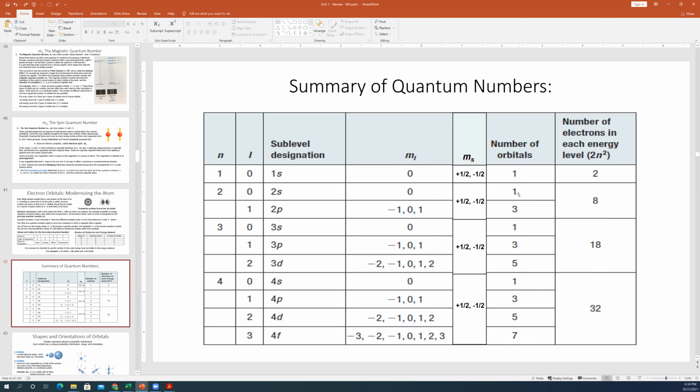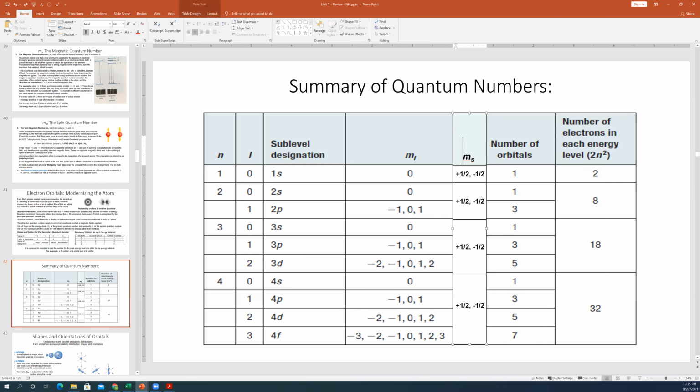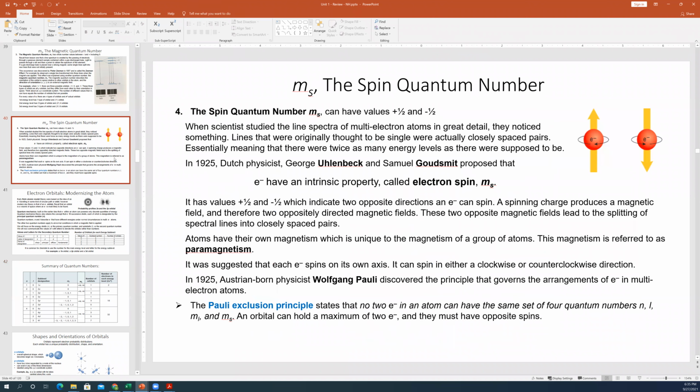Each orbital can have 2 electrons of opposite spin, as determined by the 4th quantum number, the magnetic spin, the spin number. One electron has to be in MS equals +½, and 1 electron is in MS equal to -½. In other words, spin up and spin down.